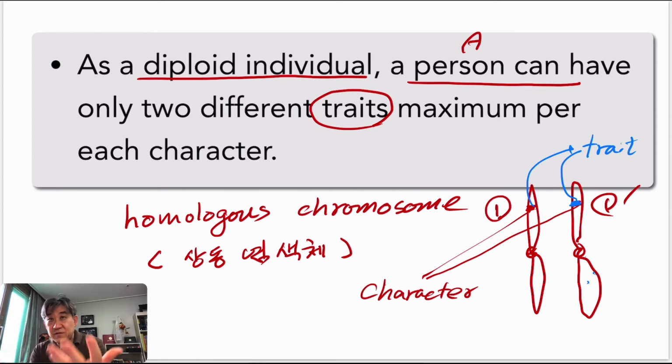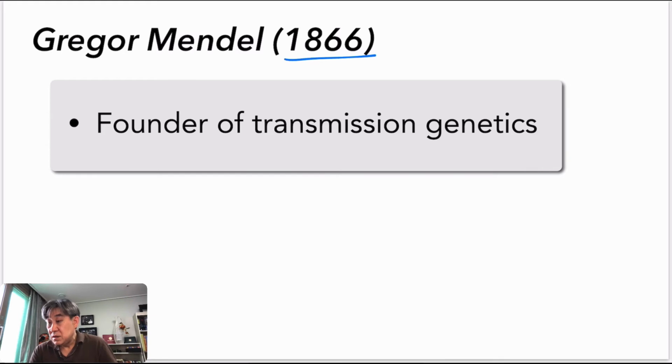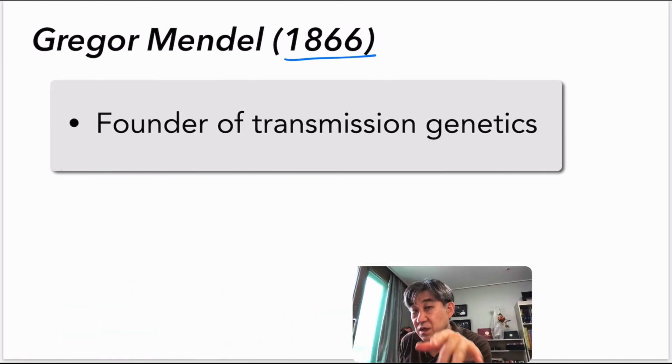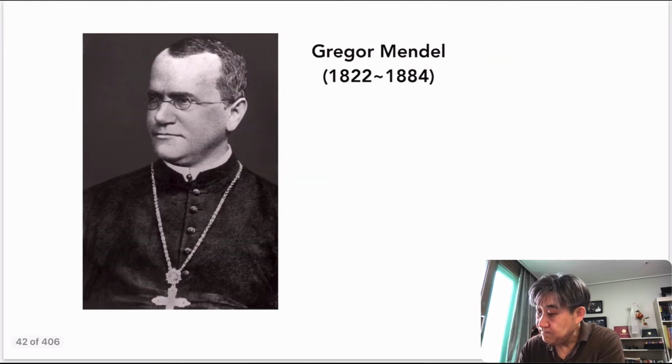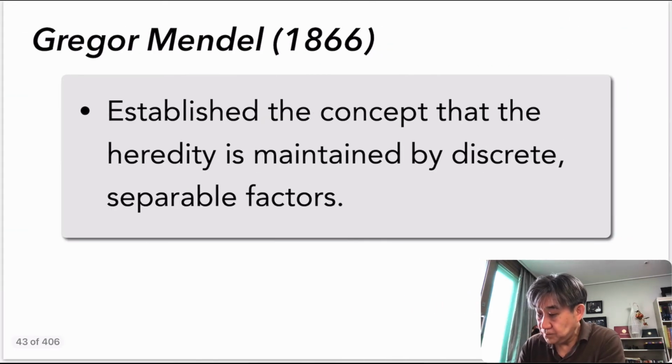So that's the nature, and miraculously, without having the slightest idea about the actual nature of DNA and chromosomes, Mendel, even in 1866, at such an early date, understood this correctly, at least conceptually, with such accuracy.